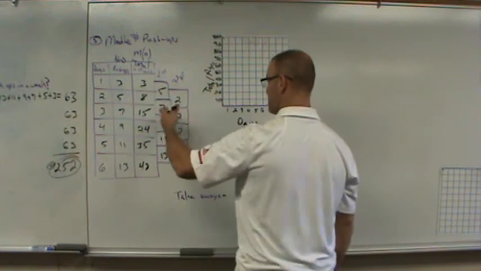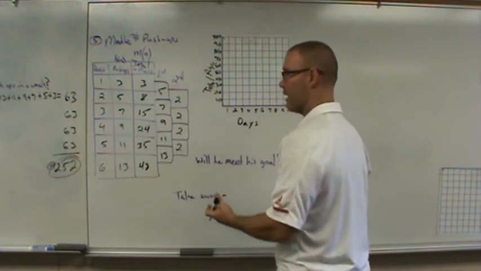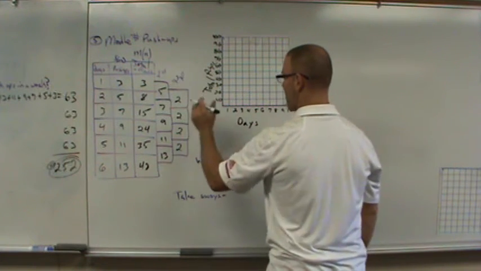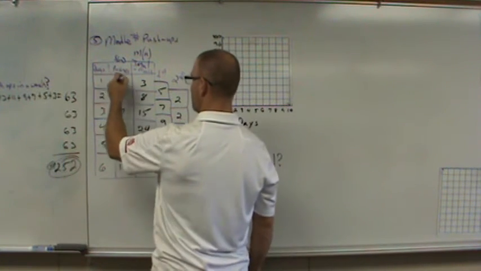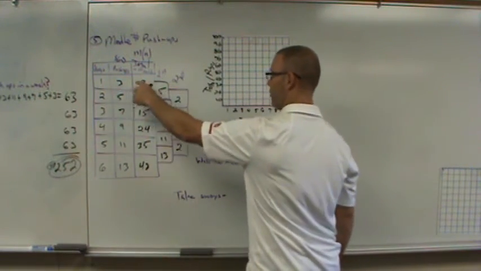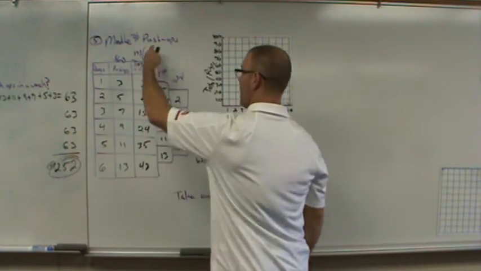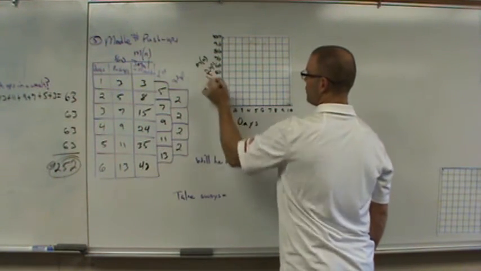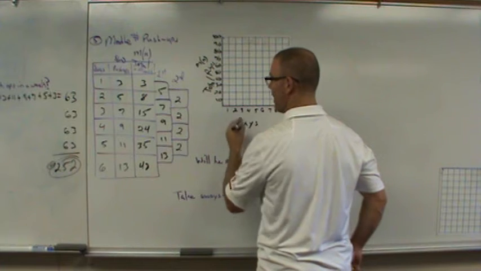And remember, this has a second difference, so what should my graph look like when I draw it? Yes, it should look curved. Try and plot these points. Remember, you're not using this middle portion of data. It's the total number. You're using the days and the m of n function. So pause and do that real quick.